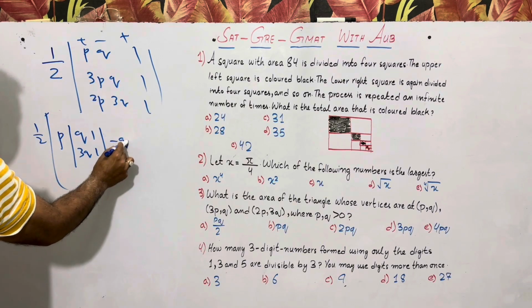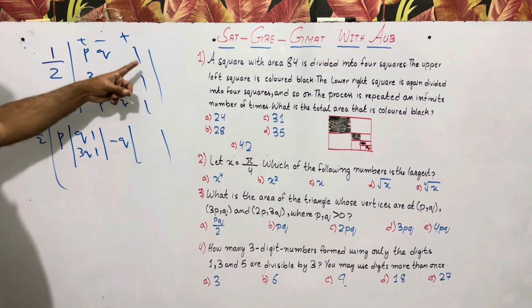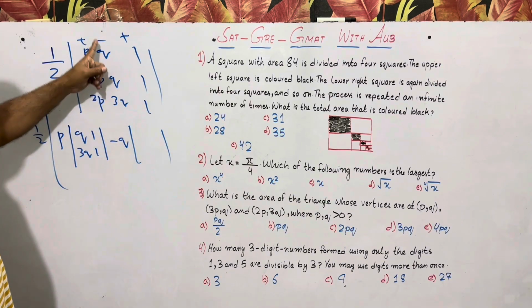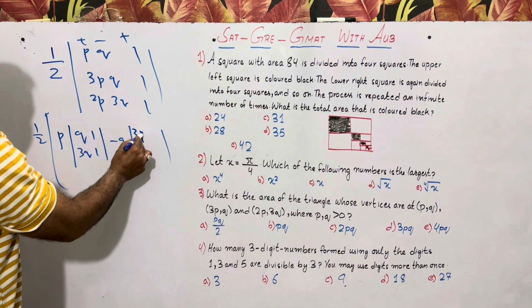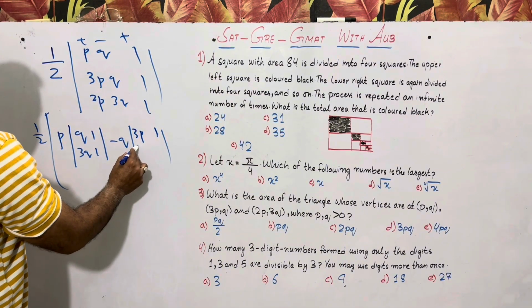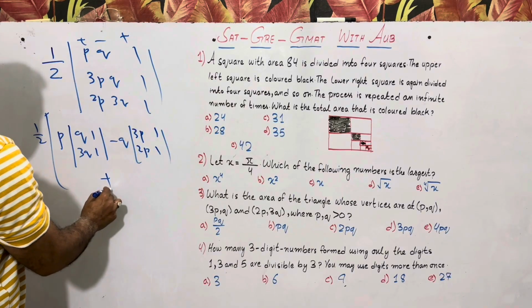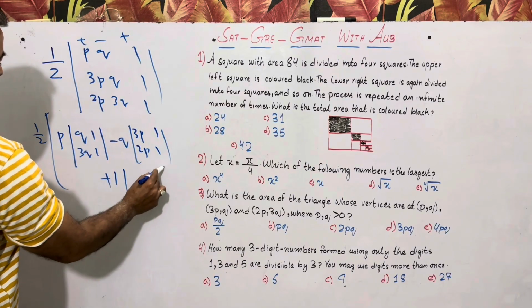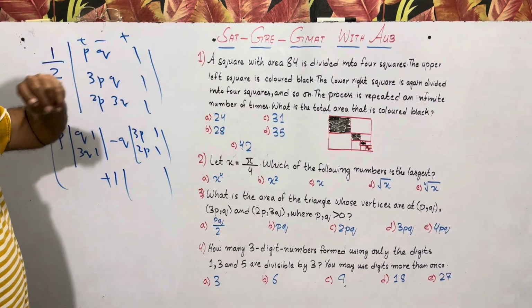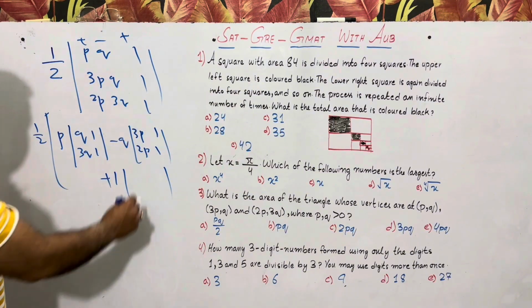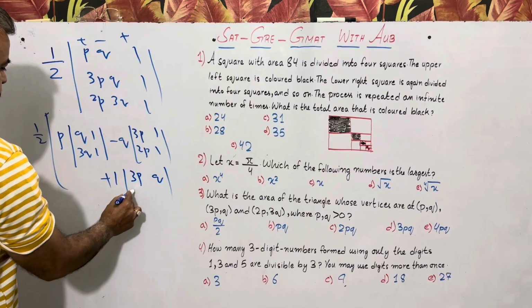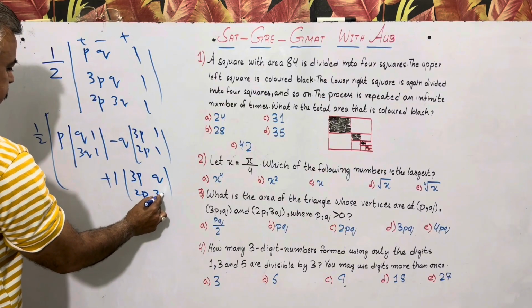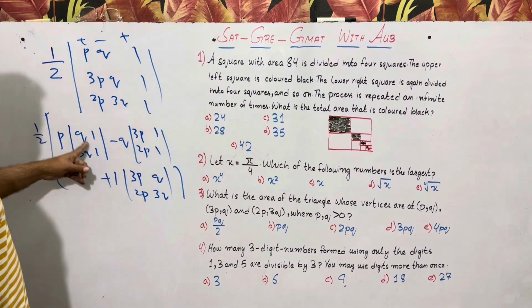Second, negative q: excluding the same row and now the second column, we have a tiny 2 by 2 determinant left, 3p 1 and 2p 1. Plus 1: now deleting the same row and the third column, we have a tiny 2 by 2 determinant left, 3p q and 2p 3q.